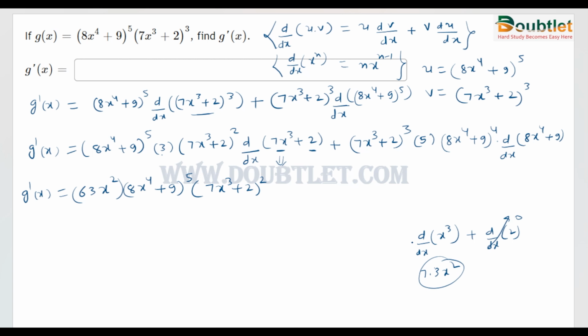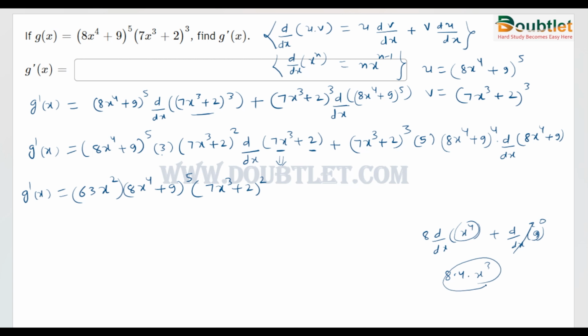So this we have differentiated the first term, and now we will differentiate the second term. To differentiate this, we will write this as 8 times dy/dx of x^4 plus dy/dx of 9. So dy/dx of 9, this is a constant, so it will become 0, and x^4 we will differentiate by power rule, so it will become 4 times x^3.